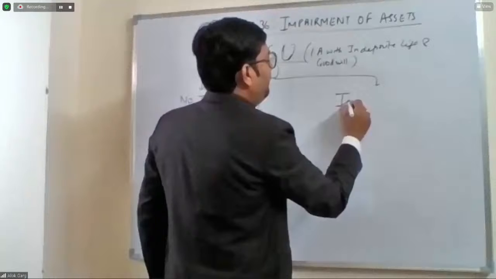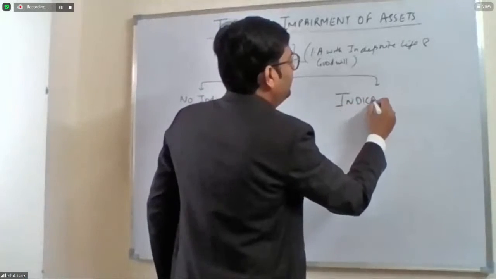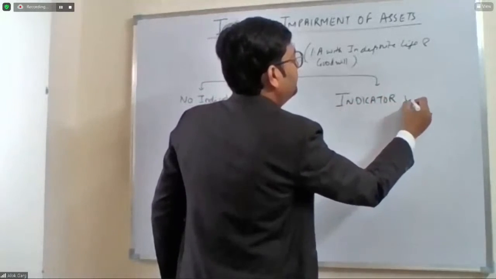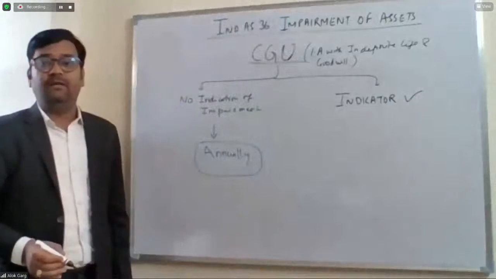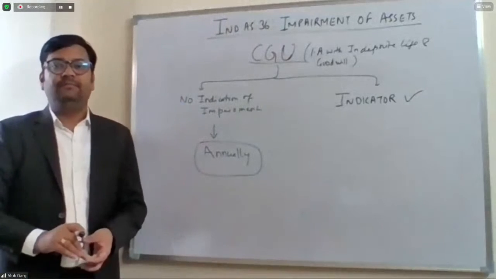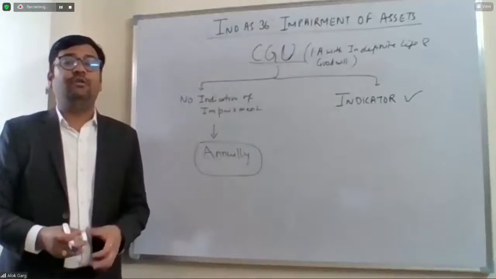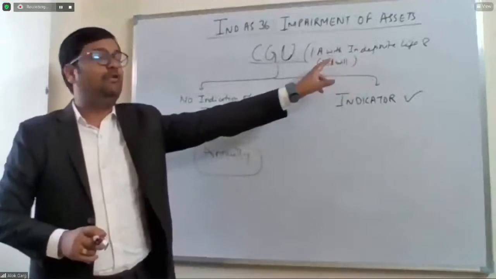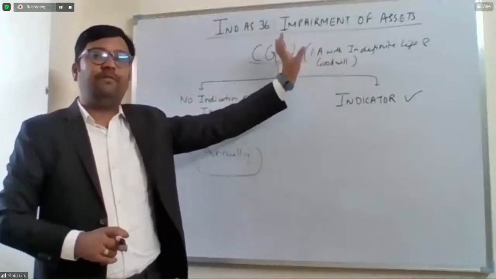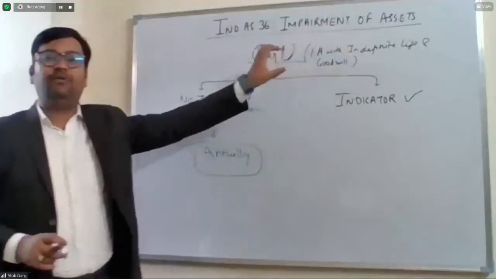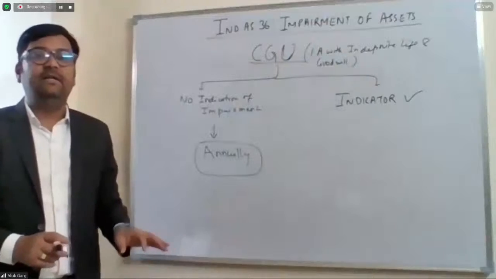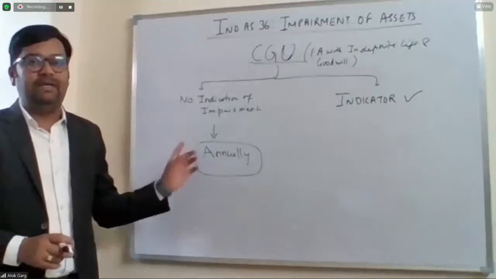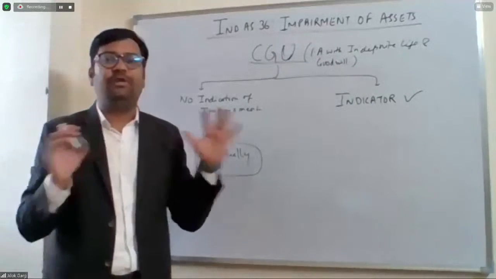But here, if an indicator of impairment is there, then what will happen? In this case, since this group of assets includes an indefinite life asset and goodwill, at least annual impairment testing is required, even though there is no indicator of impairment.